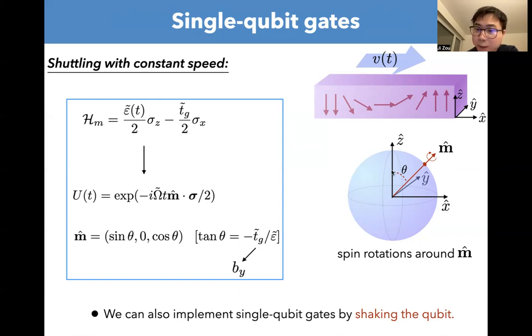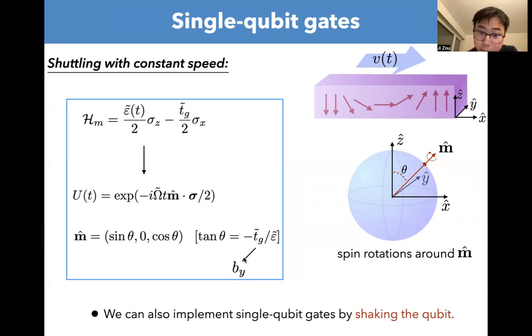And the direction of this rotation axis m is also tunable, because the theta angle is controlled by the ratio of this tunneling rate Tj to this detuning epsilon.